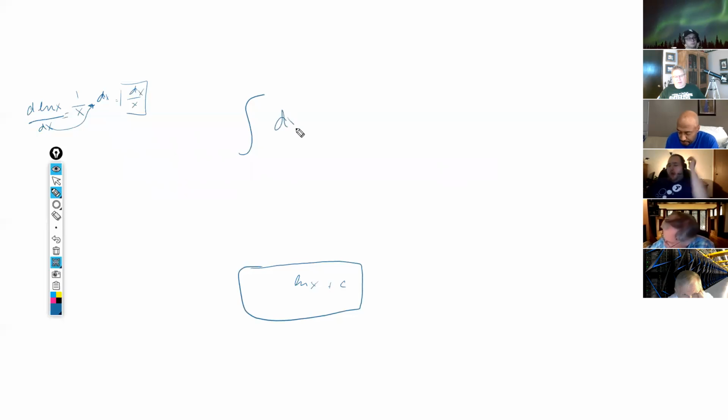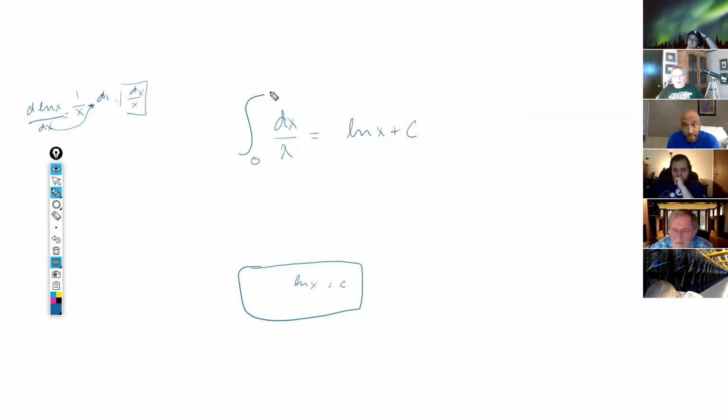When I take a function like this, we said that the answer is the natural log of x plus a constant. What are these things called? Color helps. What are these things called that are supposed to go there? Limits.